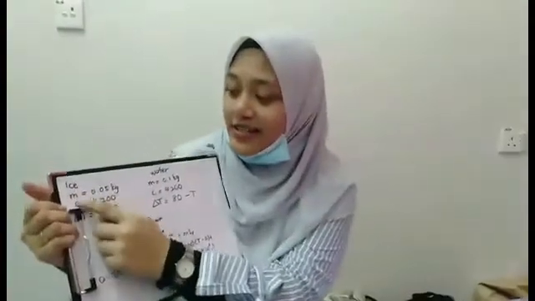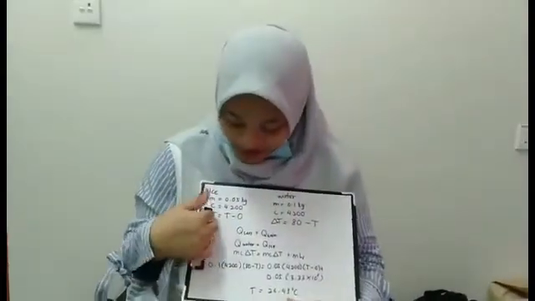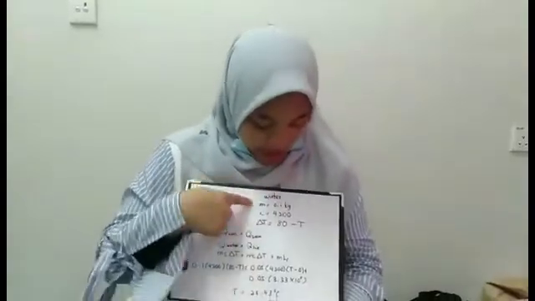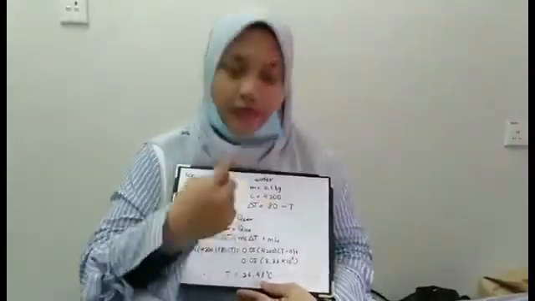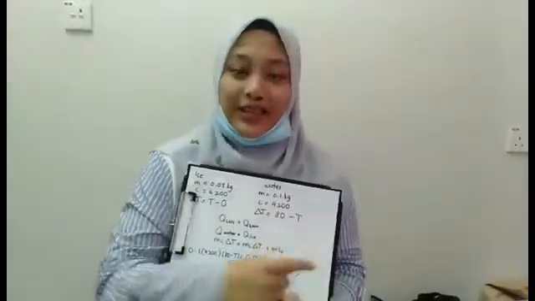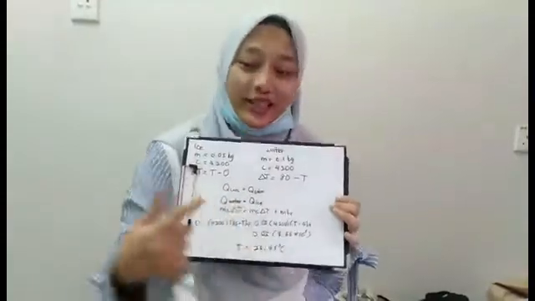So the solution is: for ice, m is 0.05 kg, c is given, and delta T is T minus 0. For water, m is 0.1, c is 4,200, and delta T is 80 minus T. Q loss is equal to Q gain.